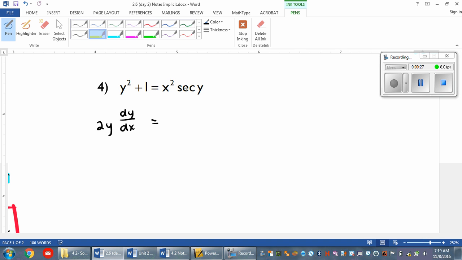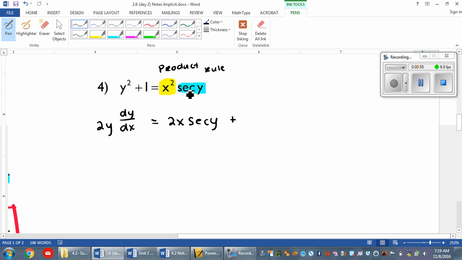Now, if you notice on the right-hand side, I have x squared times secant of y. If you remember, this is the product rule. All right, so the derivative of x squared, that's just 2x. I don't need the dy over dx because look, I powered down with x squared. So the derivative of the first times my second. Since I didn't take the derivative of the secant of y yet, I just write secant of y, and I don't have the dy over dx.